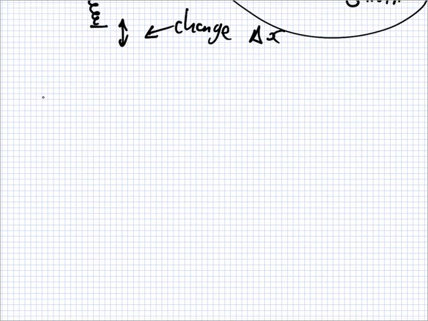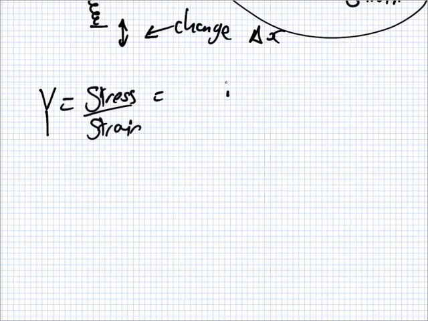Actually, let's try and see if there's anything else we can simplify with Young's modulus. So Young's modulus is stress over strain, which is force over area over extension over natural length.